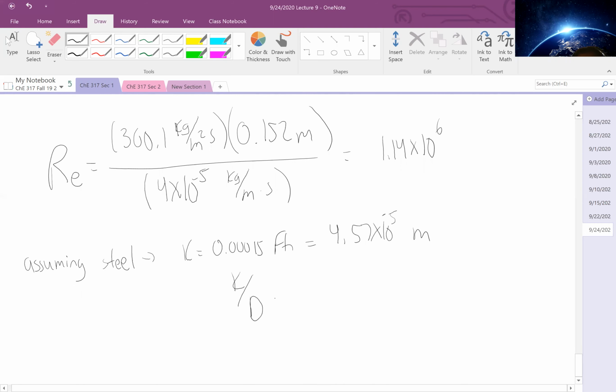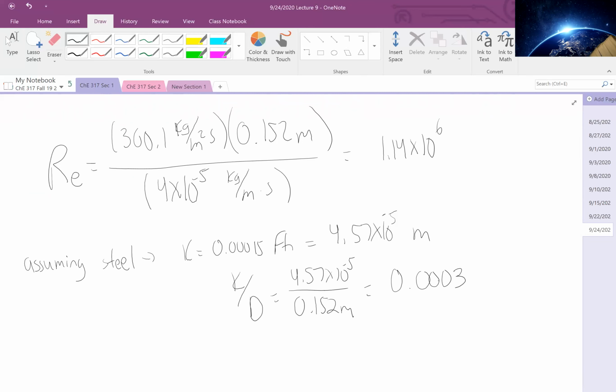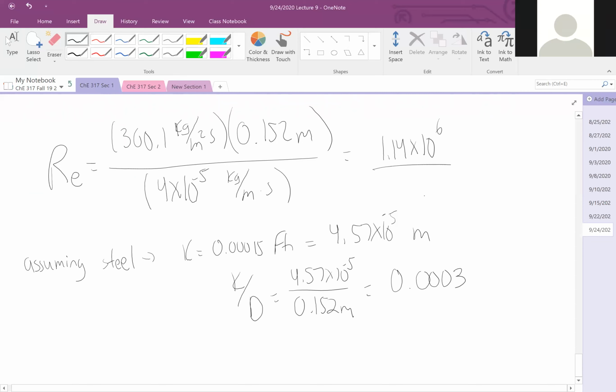So our K over D value is going to be 4.57 times 10 to the negative fifth over 0.152 meters, which is approximately 0.0003. So once again, for finding the friction factor, you would use your Reynolds number as well as your K over D value to find that friction factor.